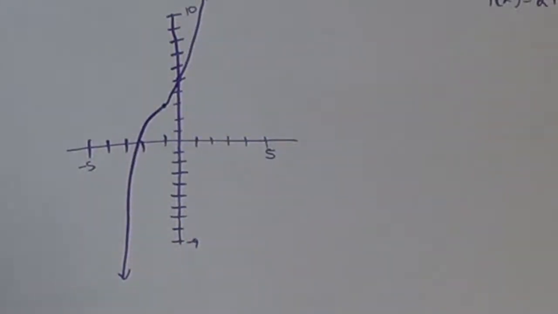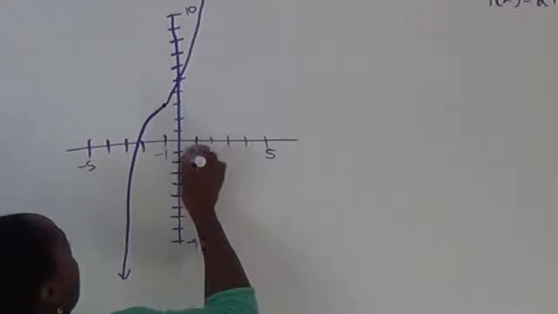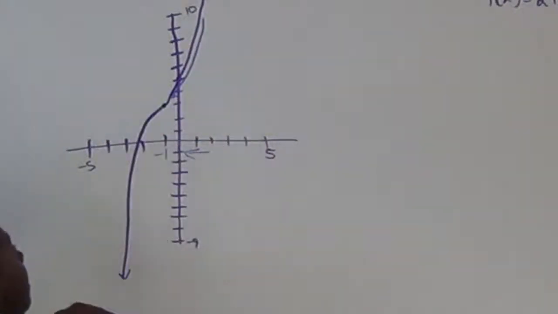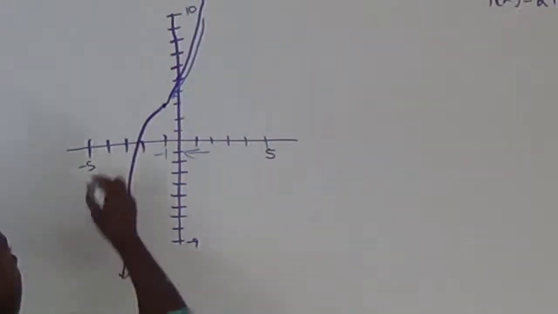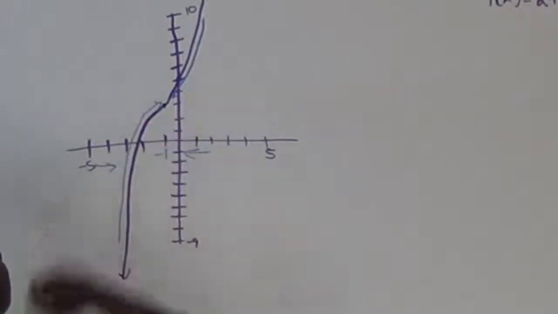Now we want to look at the limit as x approaches negative 1. Again, the idea is we're going to come in from both sides and see what the function value is approaching. If I come in from the right, the function value is going to decrease to a particular point, and if I come in from the left, the function value is going to increase.